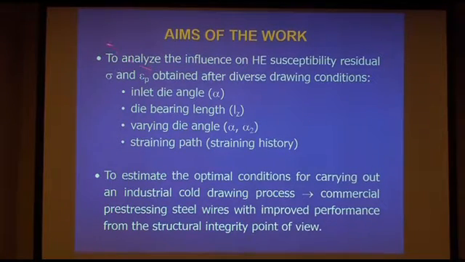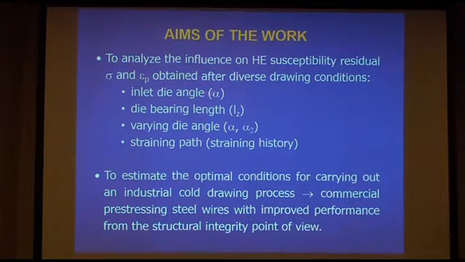Then the aims of the work are to analyze several variables of this manufacturing technique, cold drawing: the influence on hydrogen embrittlement susceptibility of residual stress, the hydrostatic term, and cumulative plastic strain obtained after diverse drawing conditions.